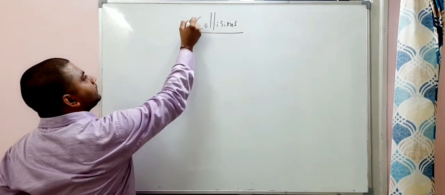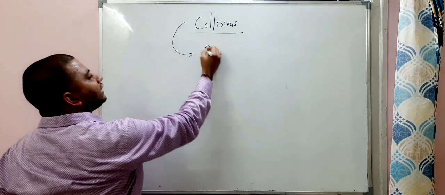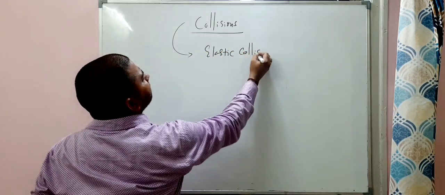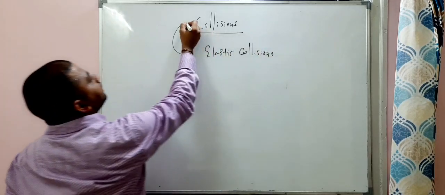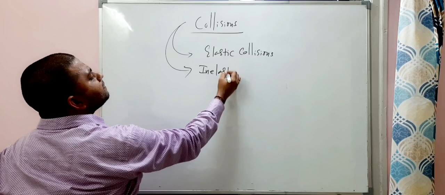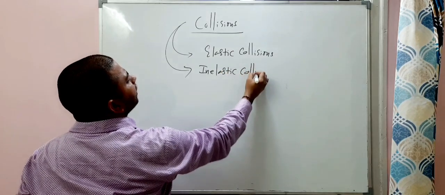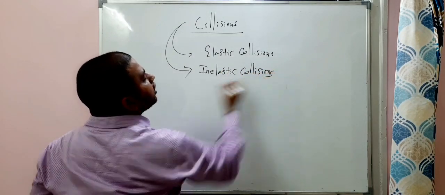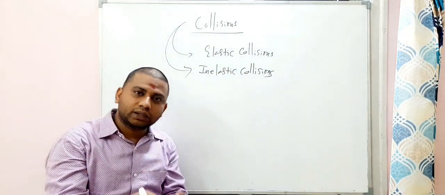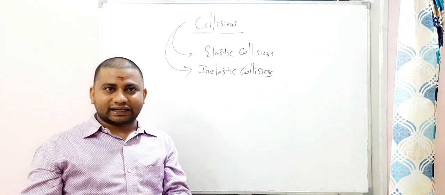Look here, there are elastic collisions and inelastic collisions. So we have majorly these two types of collisions. On what basis this classification has taken place, we have already discussed in the classes.